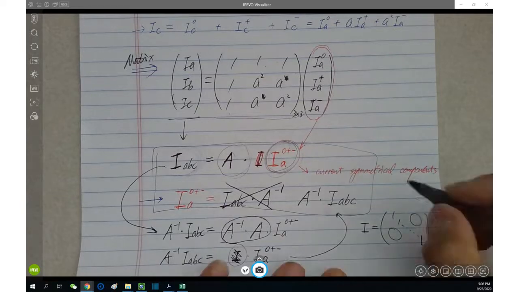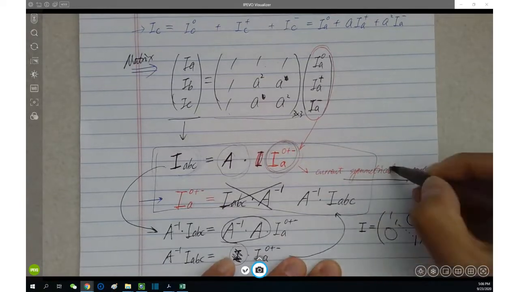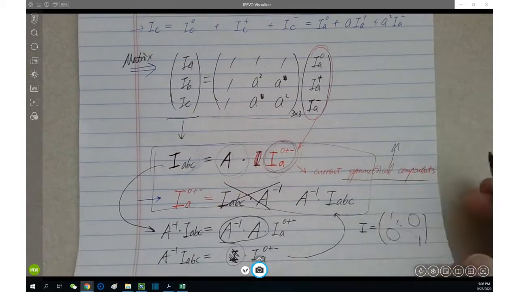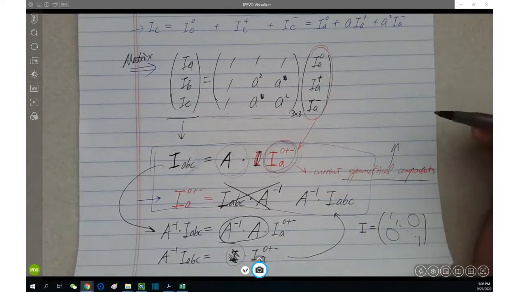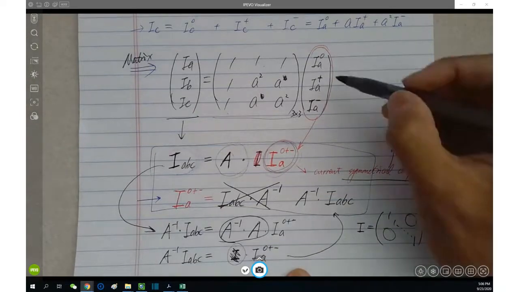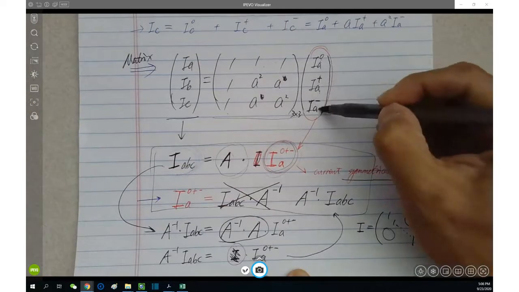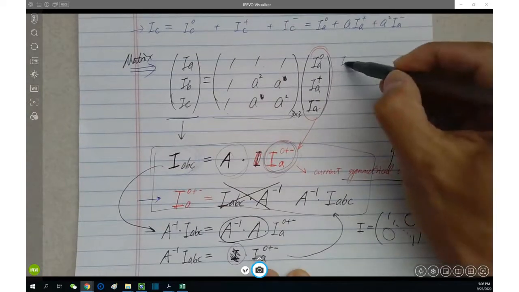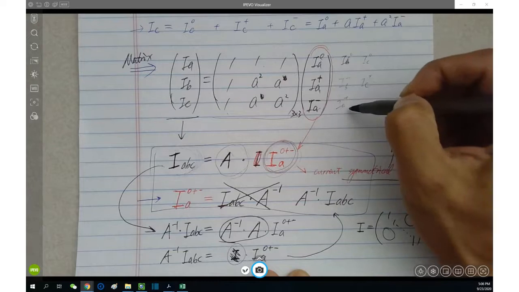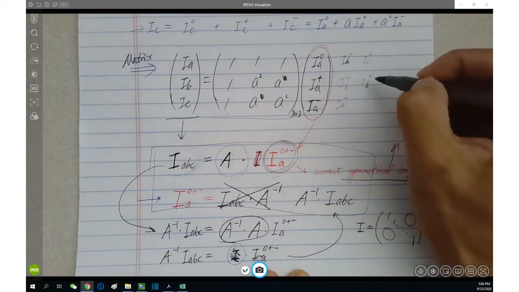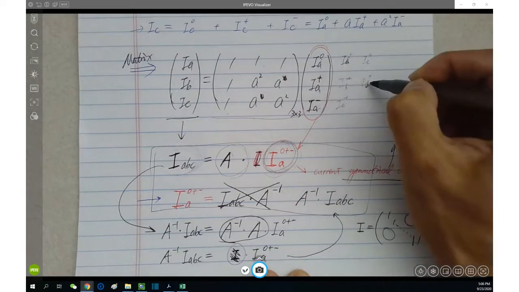Well, the significance of the symmetrical components is what? Once you know it, you can easily tell everything, right? Once you know these three, you immediately know IB0, IC0.